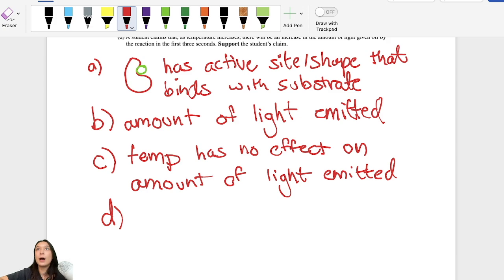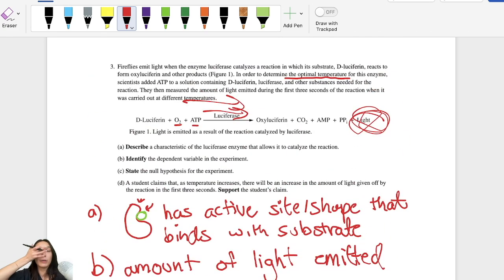Usually it's because it increases the kinetic energy and it's going to increase the amount of collisions, right? So for this reaction to occur, the luciferase has to come into contact with the D-luciferin, right? They don't just find each other, they will bump into each other. The more that they bump into each other, the more the reaction is going to happen, okay? So what heating up a reaction does is it makes the components move faster, right?